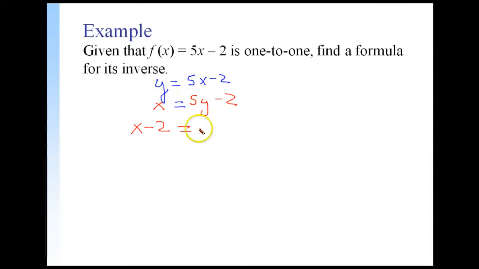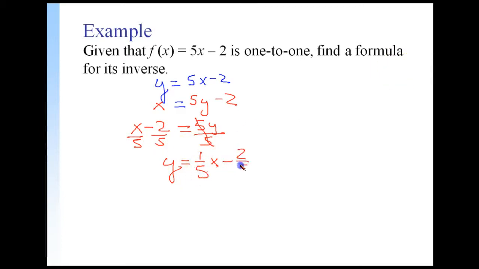Transpose that 2. Divide everything by 5. Now they just put it all over 5. I like it this way if we're going to graph it. So this now becomes y equals 1/5 x. That will be better and correct.